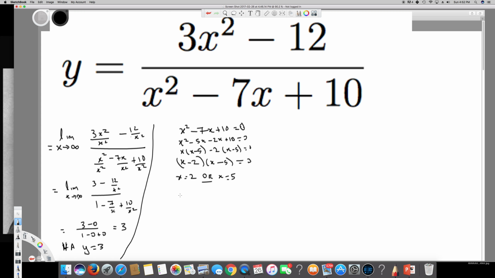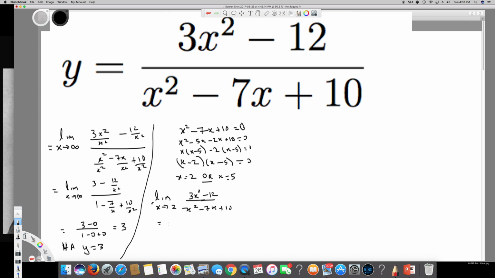So let's apply these values and check whether both work, or one of them works, or both don't work. We don't know. Let's check. Let's say limit x approaches 2 of 3x square minus 12 over x square minus 7x plus 10.